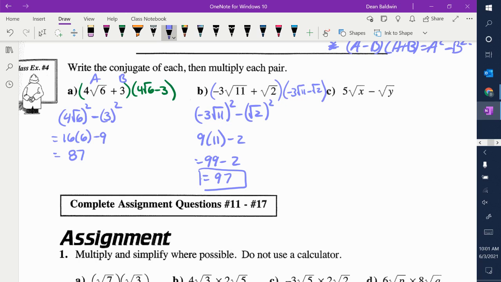Do we want to do C? I think we want to do C. All right, C. Go. Please. We're doing C. I'm just going to let you do the whole thing, and then I'll put the answer up.